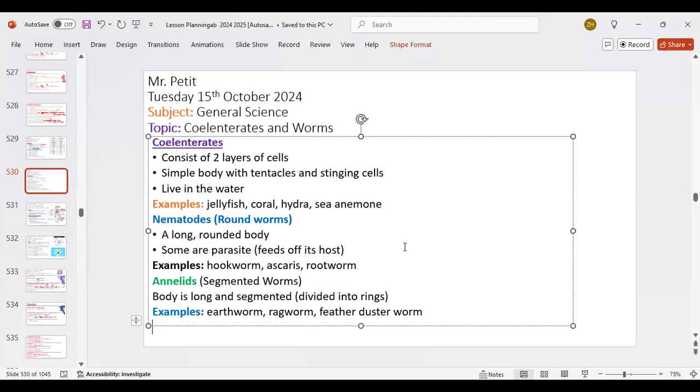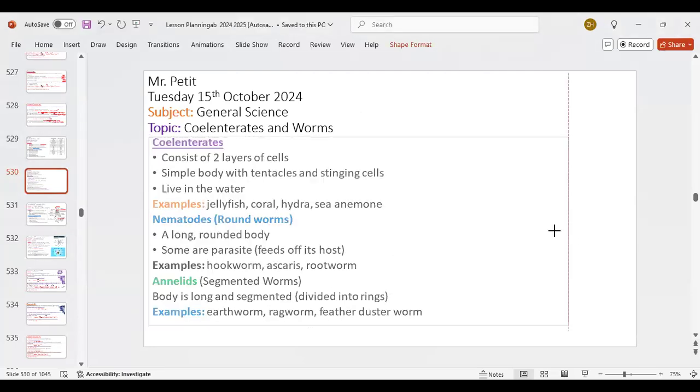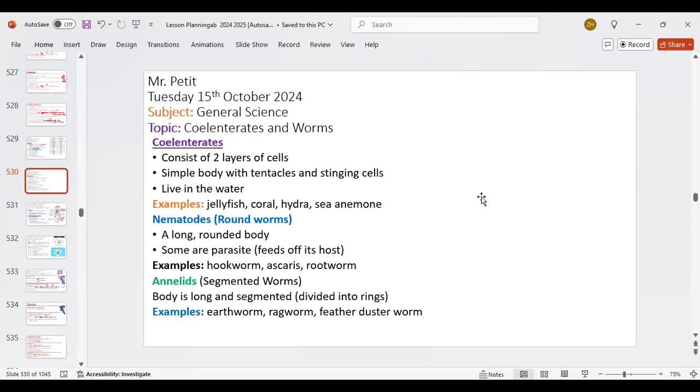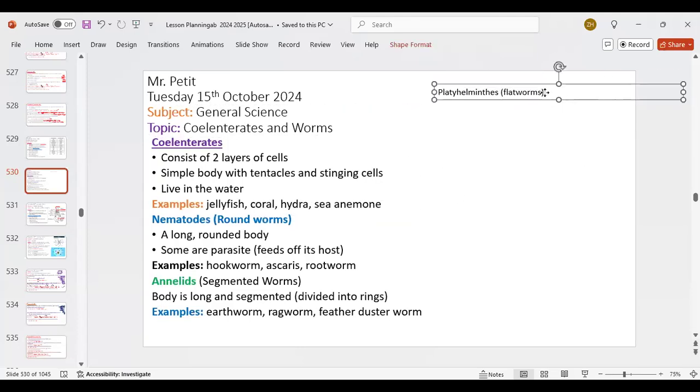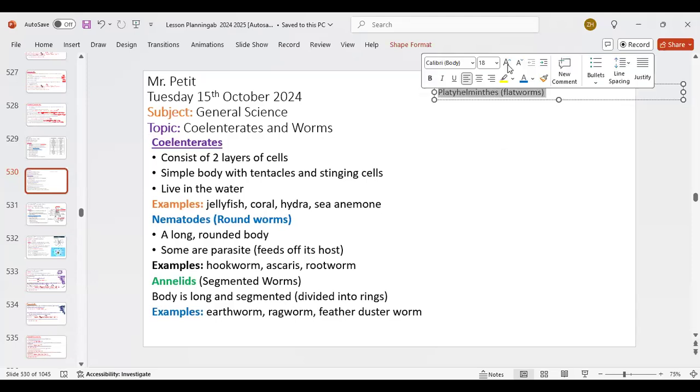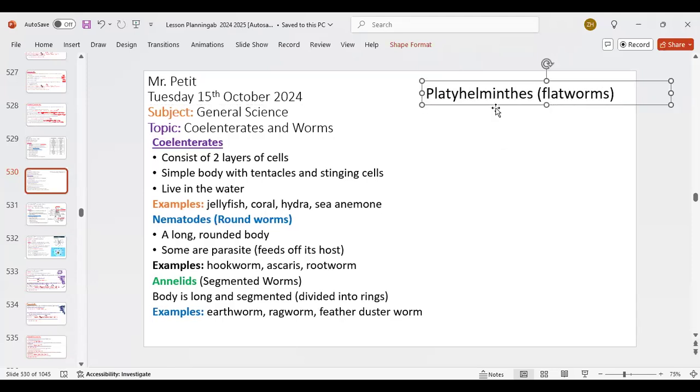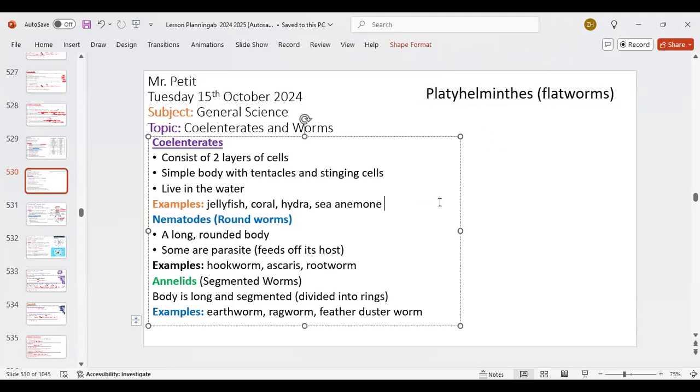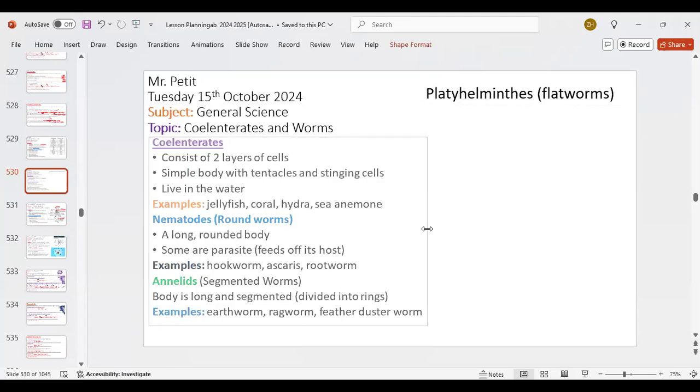Let me do another segment. Okay, so let's do this here. Let me increase the font. So these are what we call the flatworms, Platyhelminthes.